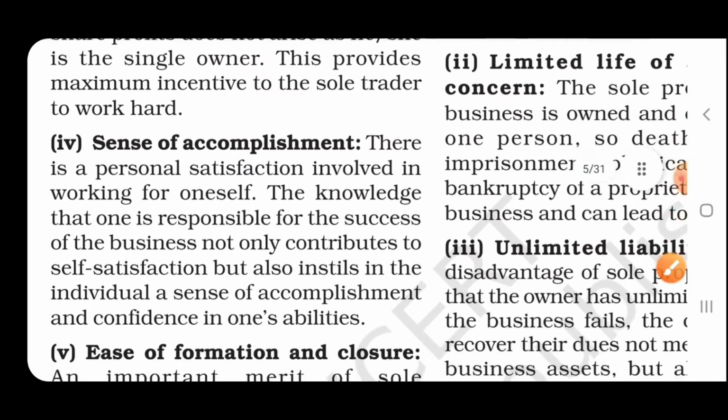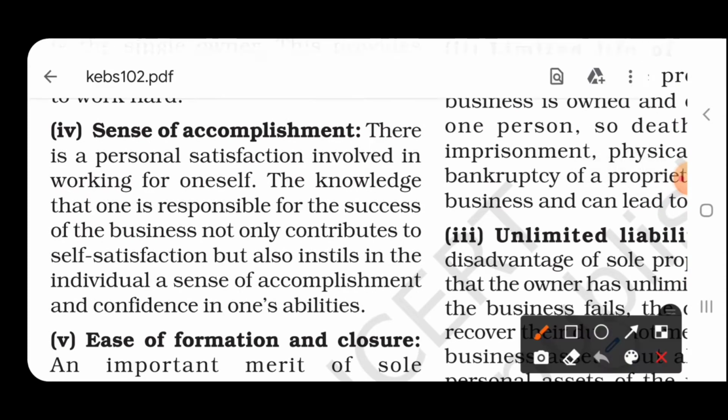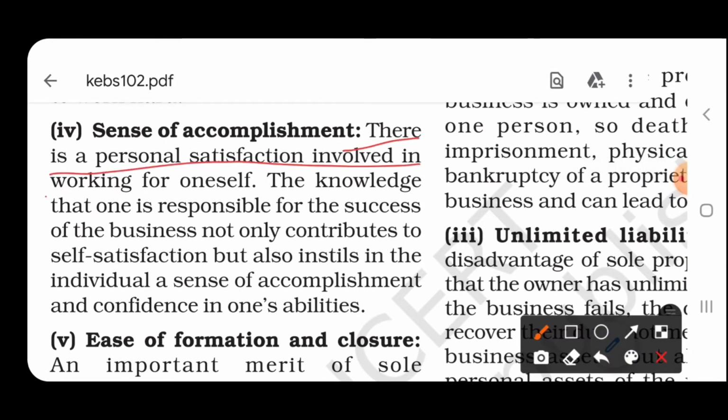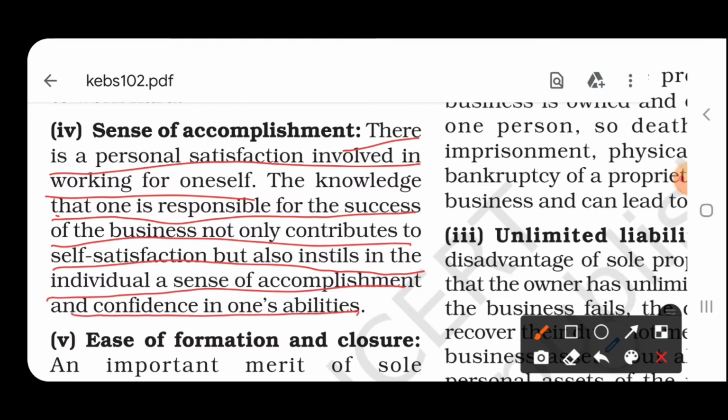Next is sense of accomplishment. There is a personal satisfaction involved in working for oneself. The knowledge that one is responsible for success of the business not only contributes to self-satisfaction, but also instills in the individual a sense of accomplishment and confidence in one's ability. That is, since a single person is doing that, he is satisfied in his work.